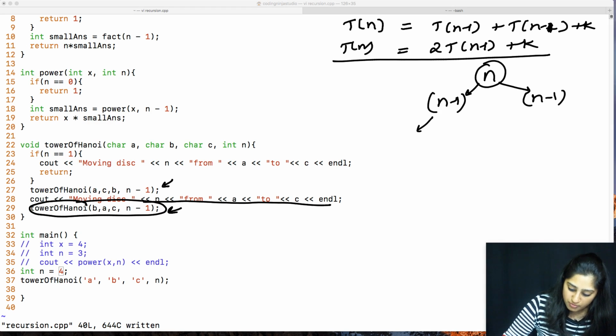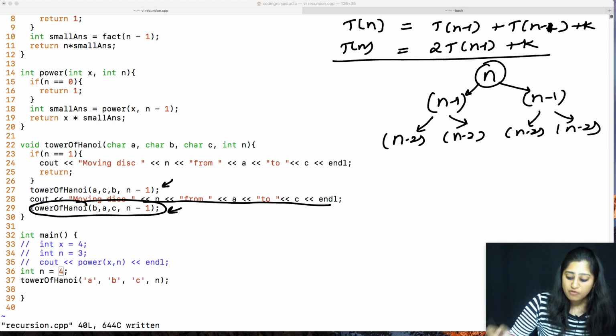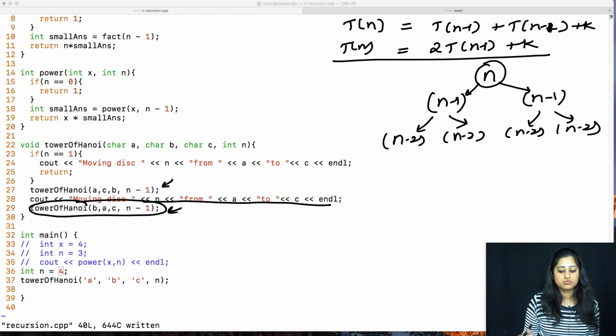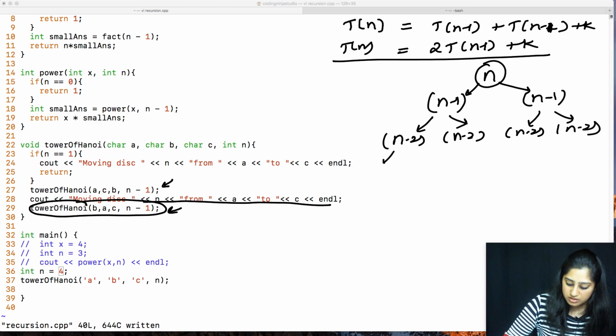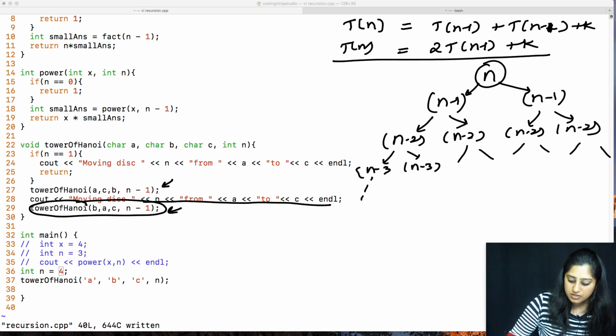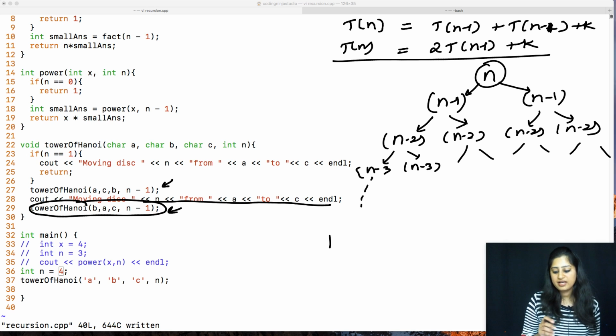Similarly, to solve a problem of size n minus 1, I have to solve four problems of size n minus 2. So this will continue for every step, till the point I am left with only one disk.